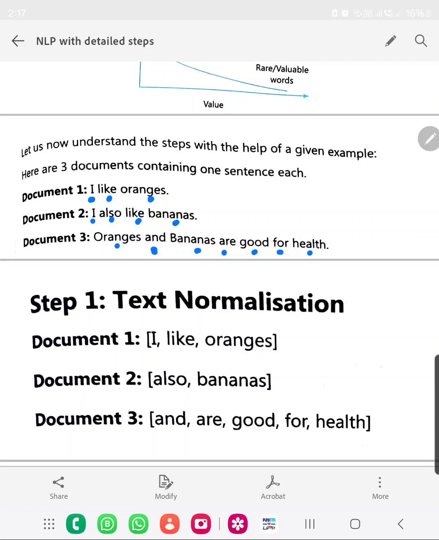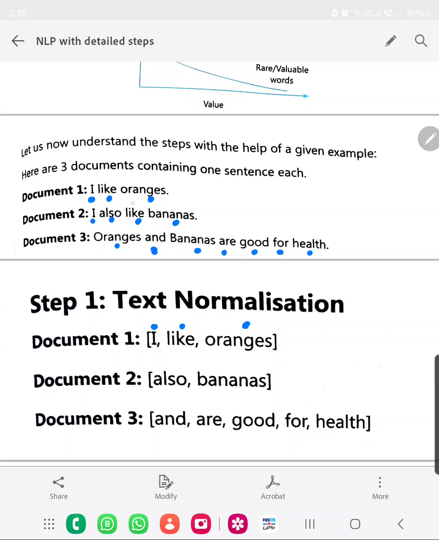So first, I have to convert it into normalization. Are there any short forms? No. So we just create the separation of words here. So I, like, oranges, and then the second document is I also like bananas. Since I is already used, we will not include it again.